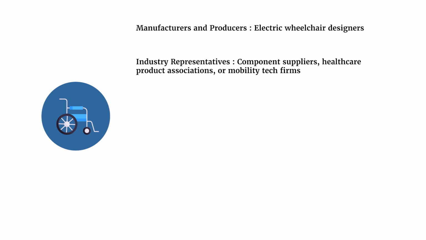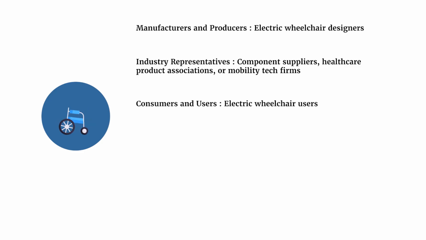Industry representatives are the suppliers of components, like motors or batteries, healthcare product associations, or mobility tech firms. They ensure the standard reflects current technologies and market trends. Consumers and users are people with mobility impairments who use electric wheelchairs. They contribute real-world experience on usability, comfort, and safety.